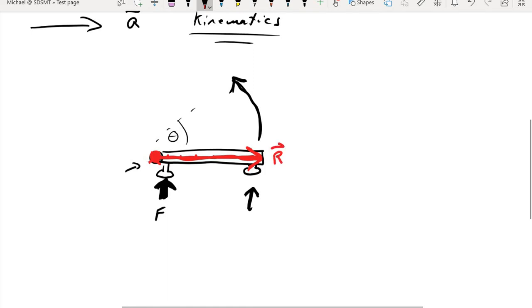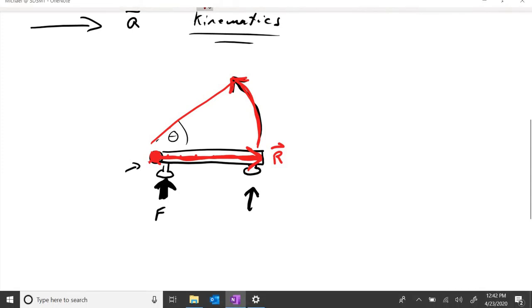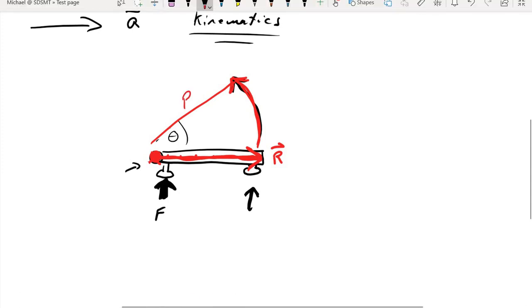And the reason this makes so much sense is because as the door swings, the door is going to sweep out a path that is dependent on the width of the door or the radius of the door.